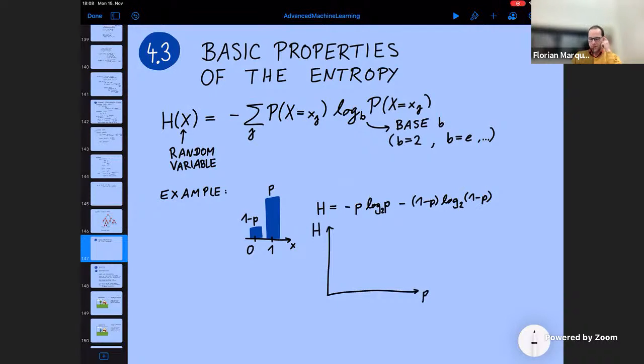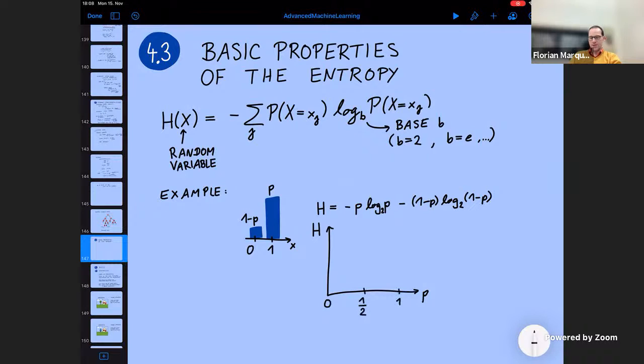And so the first thing you notice is that the function is symmetric when I let p go to 1 minus p. So it's somehow symmetric around p equals 1/2. The second thing you notice is that if I send p to 0, then both terms will actually go to 0.